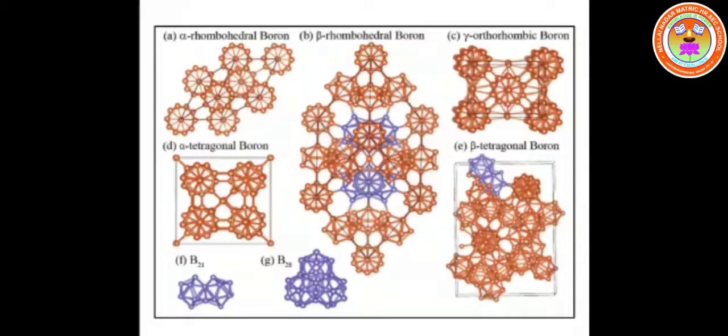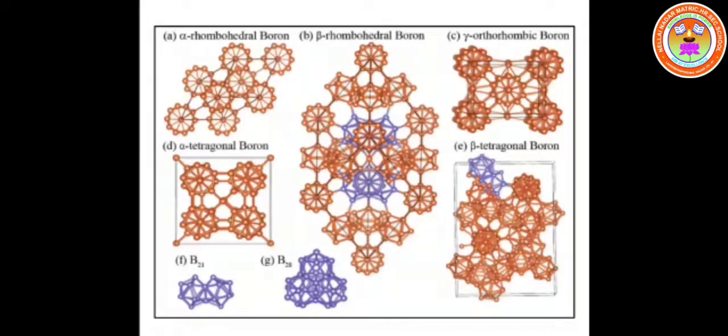Okay, children. So what are the allotropes of boron? Amorphous boron, alpha and beta rhombohedral boron, gamma orthorhombic boron, alpha and beta tetragonal boron. Okay, children, there is no shortcut to memorize. You have to memorize. There is no substitute for hard work.